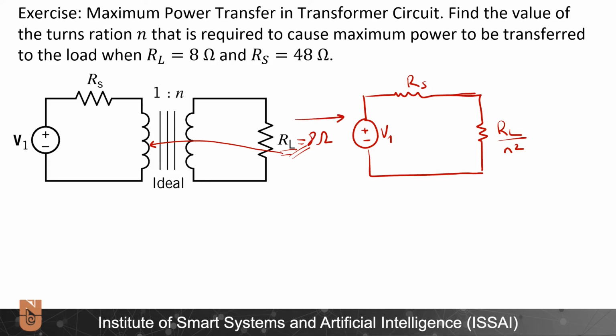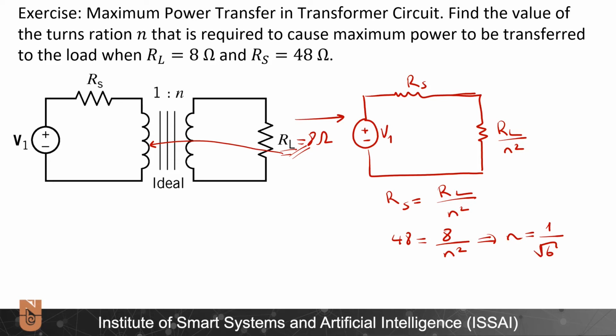And in order to have the maximum power transfer, RS should be equal to RL over N squared. And if I plug in the numbers, I have 48 is equal to 8 over N squared. And from here, I get N is equal to, if I am not wrong, 1 over square root of 6.